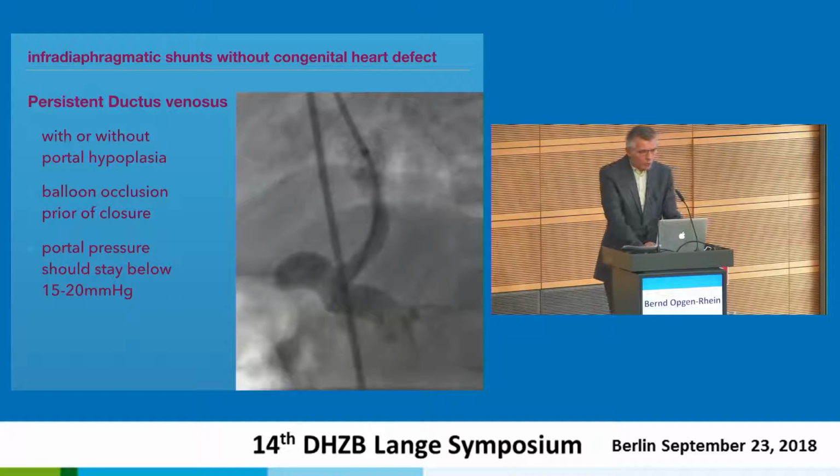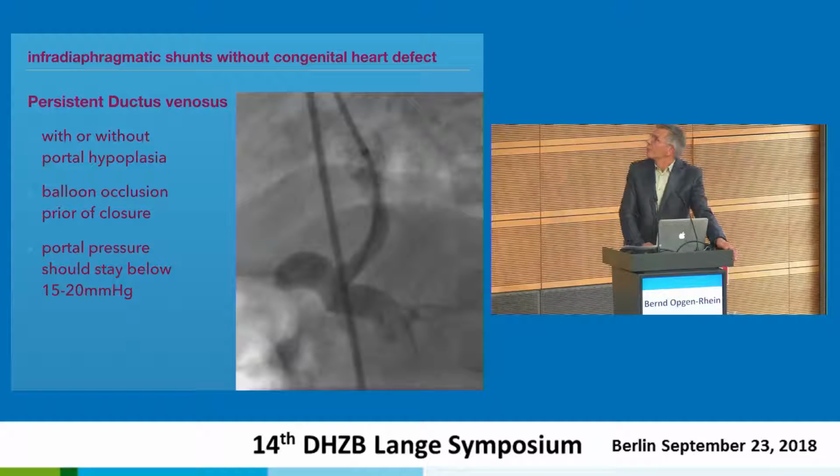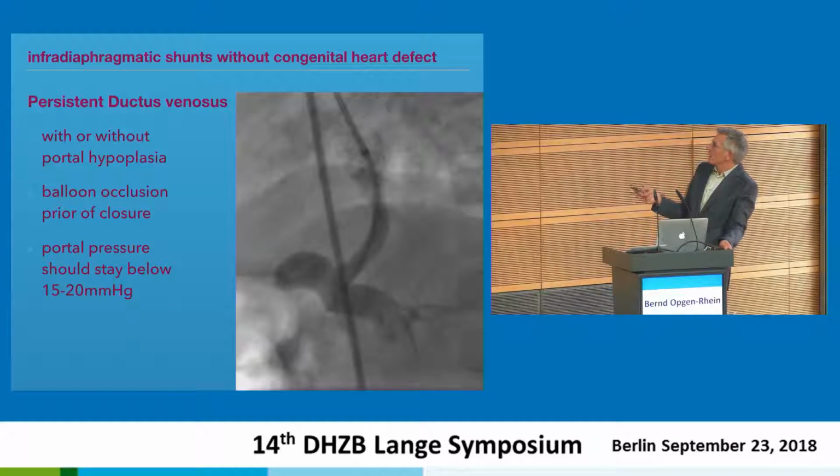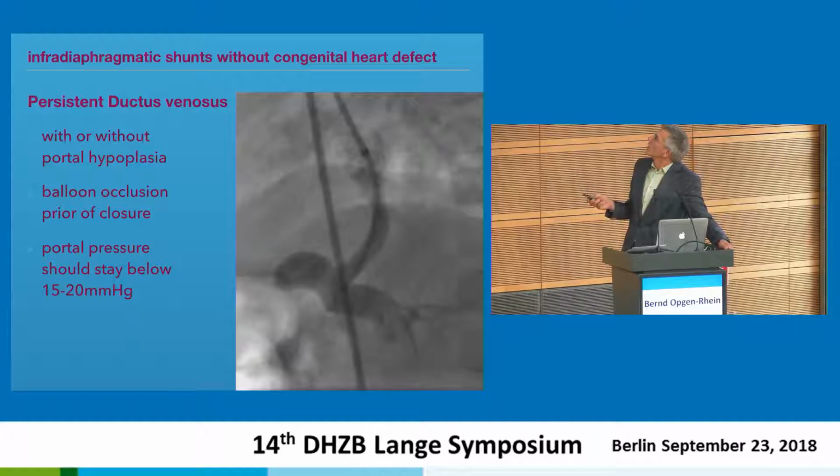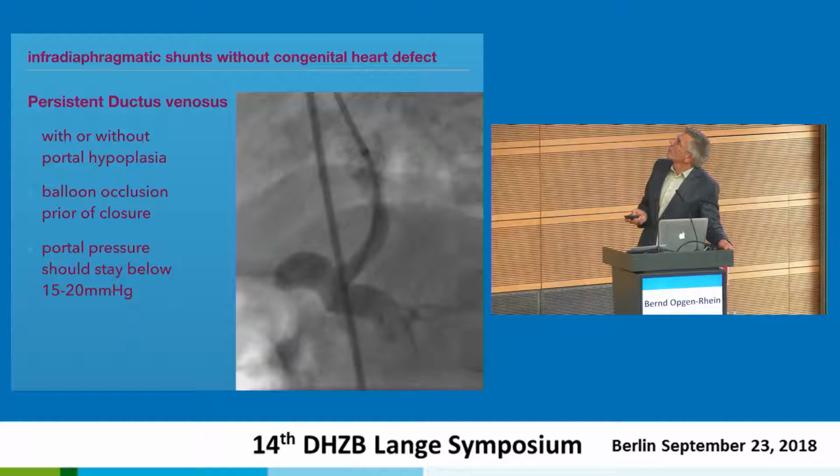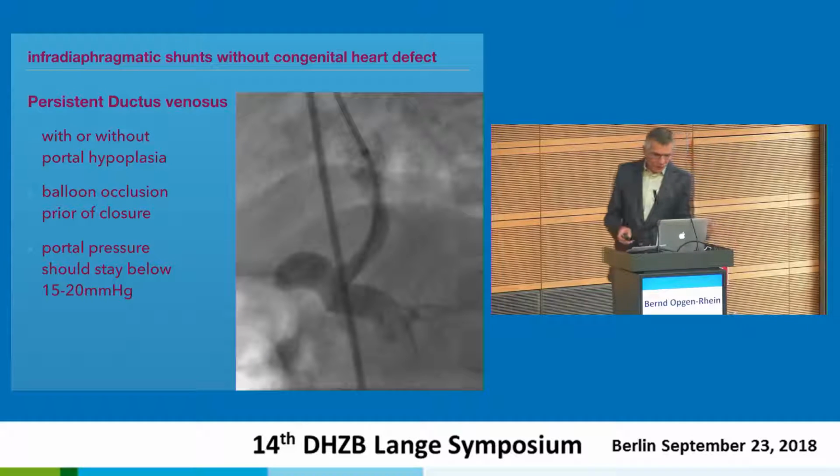So here you see one of these cases with persistent ductus venosus with a huge portal vein. Maybe I find the laser over here. This is a huge portal vein with very small intrahepatic portal veins, and this is a ductus venosus. It's intubated coming from the jugular position because of the angle to the inferior vena cava.